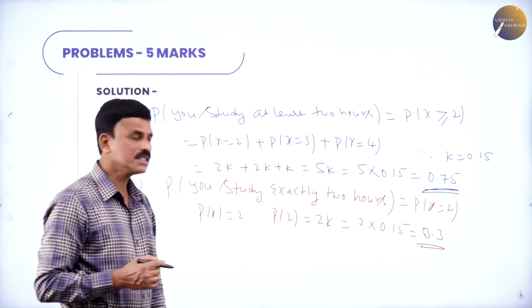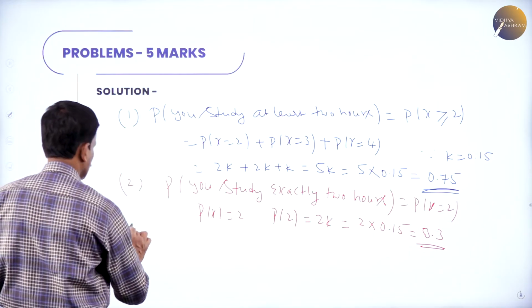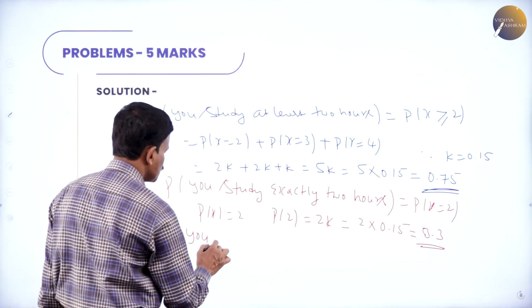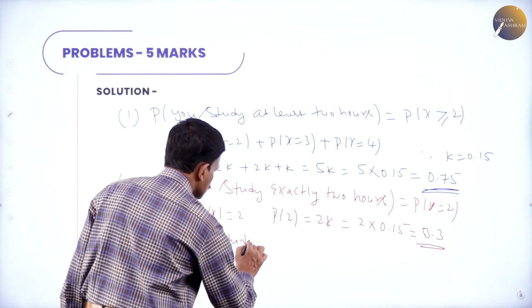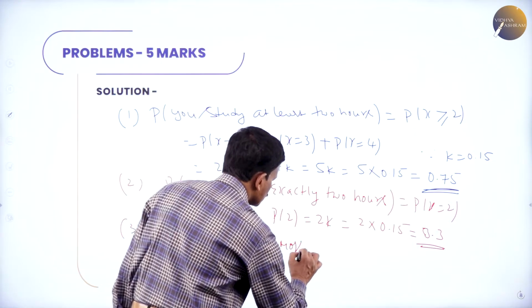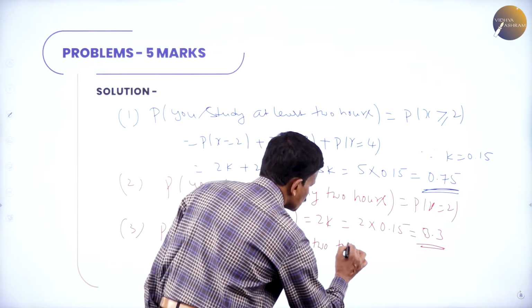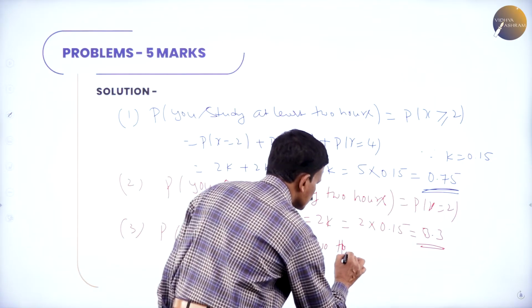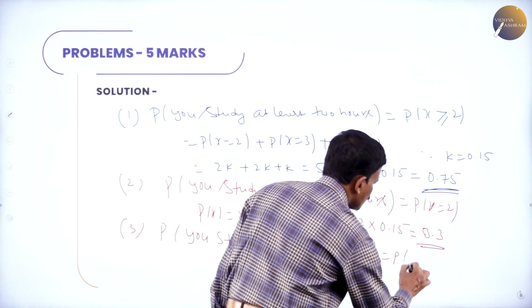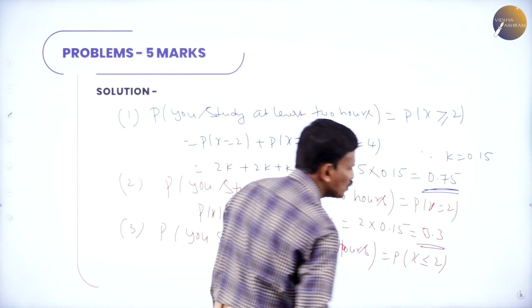Okay. Now the third case is probability you study at most 2 hours. At most 2 hours means probability of x is less than or equal to 2.